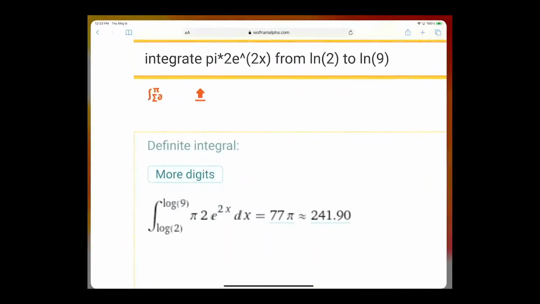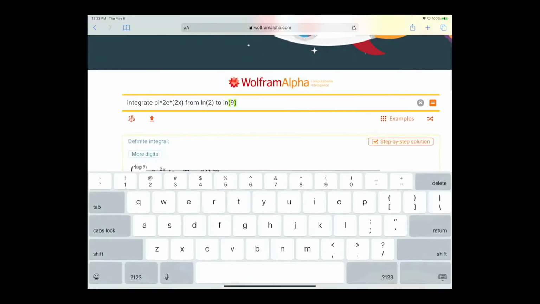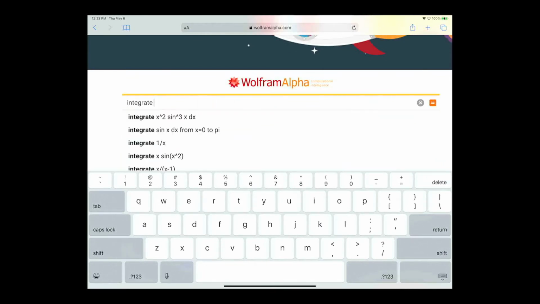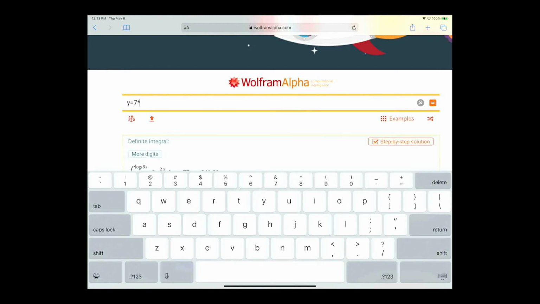You don't need to. y equals 7 times square root, parentheses 6 cosine x. Is that what it is? That is what it is.